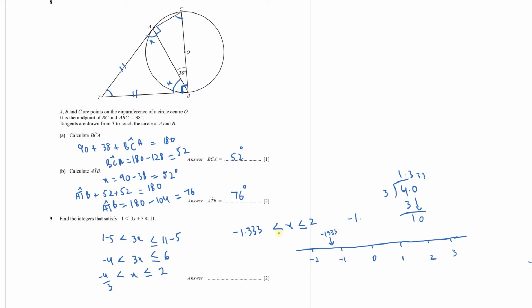So your x is greater than minus 1.33. That means x can take a value of minus 1. X can also take a value of 0, also an integer. 1 is also an integer. Less than or equal to 2, that means 2 is also included. So these are your possible integer values of x: minus 1, 0, 1 and 2.